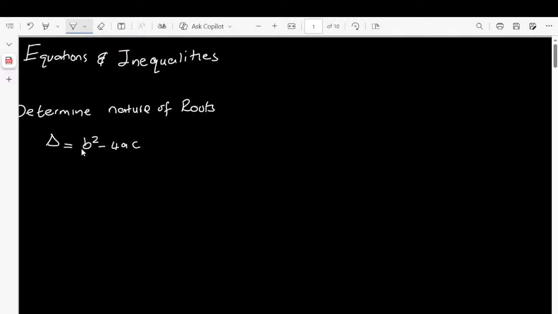This is the formula that we use for the nature of the roots, and make sure that, number one, before you use this equation, you need to write the equation in standard form. I hope everyone understands that.